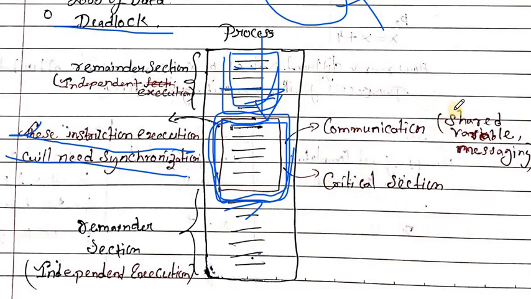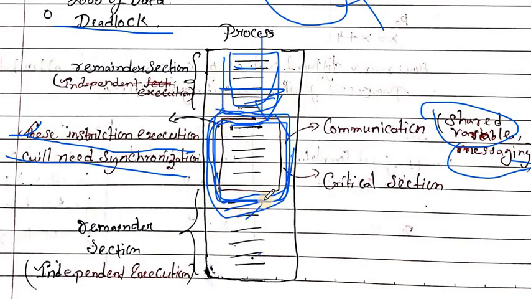Here the communication happens, with a shared variable, messaging, anything. When the program execution needs the interference of another process, this area we call the critical section.